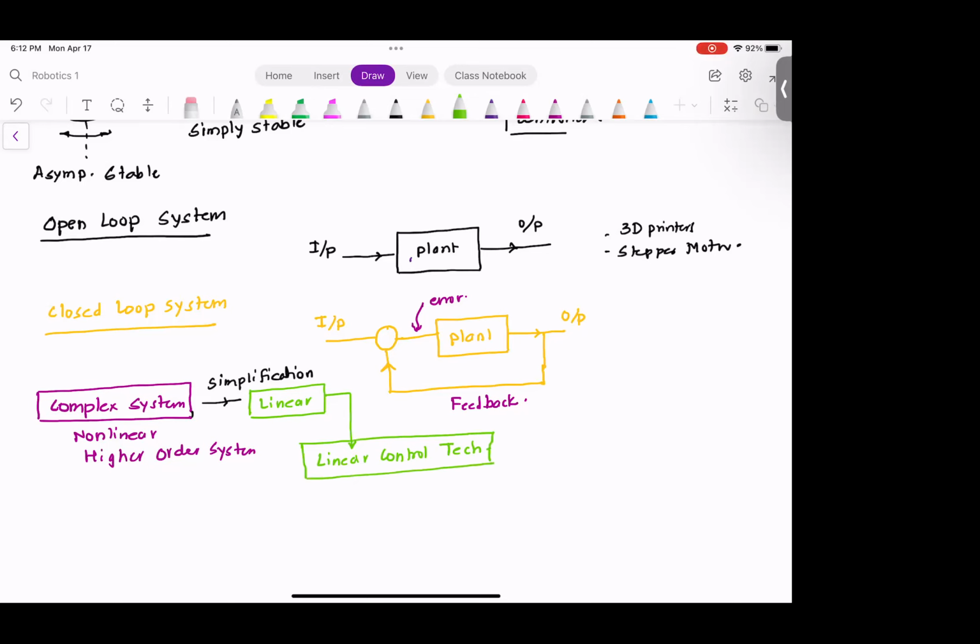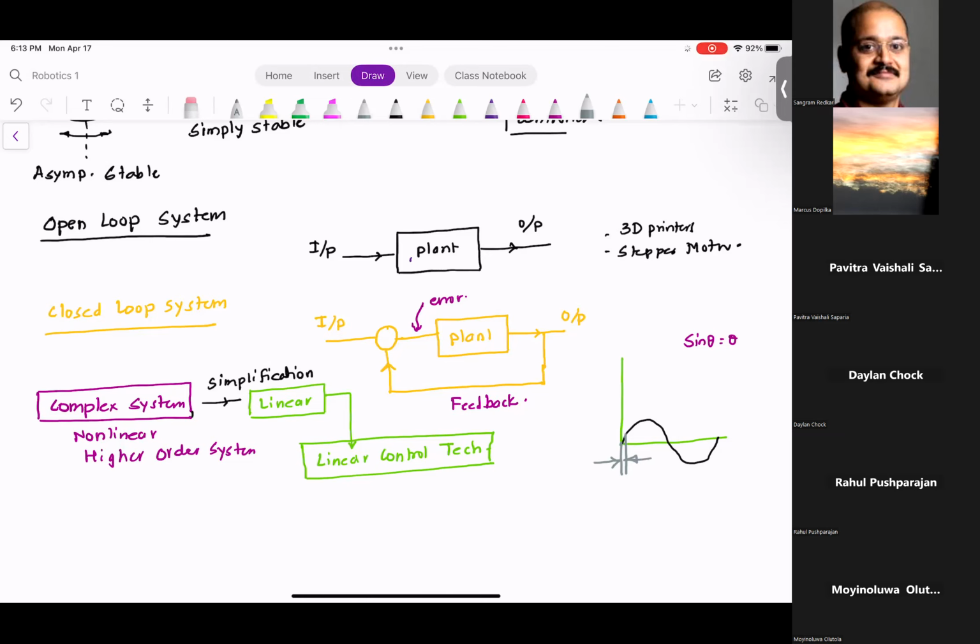Now, please try to understand this linear system is valid only in a limited range. I give you an example. Imagine if you have a sine function. If you use the approximation sine theta is equal to theta, this approximation is valid only in a limited range. Because if you exceed this operating range, then the system will no longer behave like a linear system.